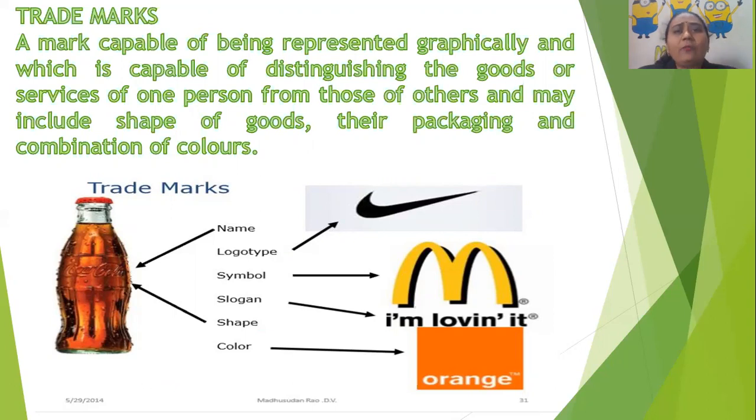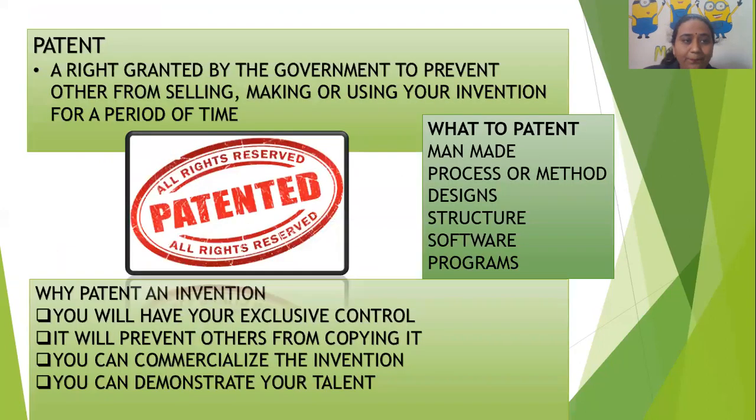If it had been a simple sentence, I am loving it, it could not have been registered as a trademark. But as it is taken in an artistic way, written in a different way, they have registered it as their trademark. Then Orange is also their trademark.